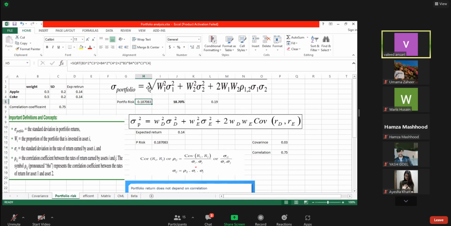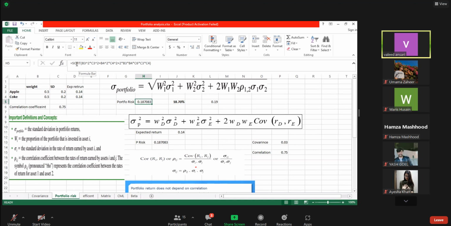B3 squared into C3 squared, plus B4 squared into C4 squared, plus 2, we have done it, and then B3 and B4 with the correlation, and then C6, actually this I missed out, this is C6, the covariance, multiplied by the SD of C3 and C4. If you do this, then you will get the variance.